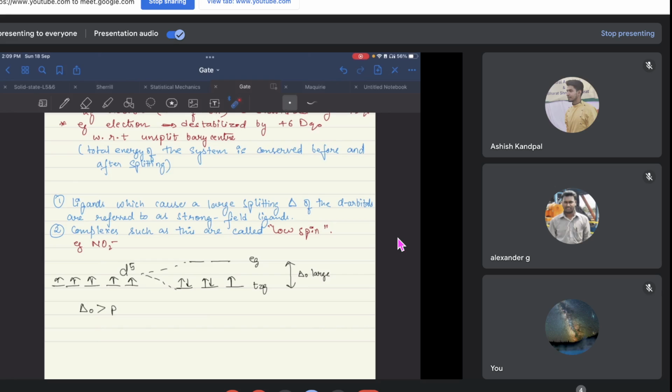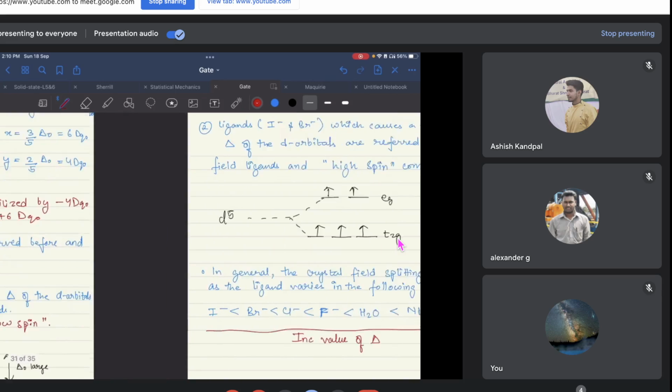Since NO2⁻ is a strong field ligand, it will cause a large splitting of the d orbitals. So here Δ₀ is very large, larger than the pairing energy P. So the electrons will get paired in t2g itself, and this is denoted as a low spin complex.